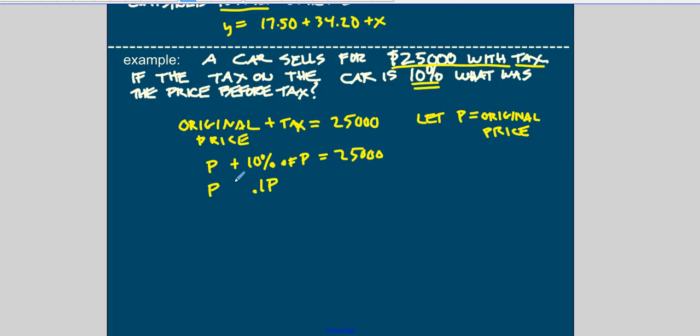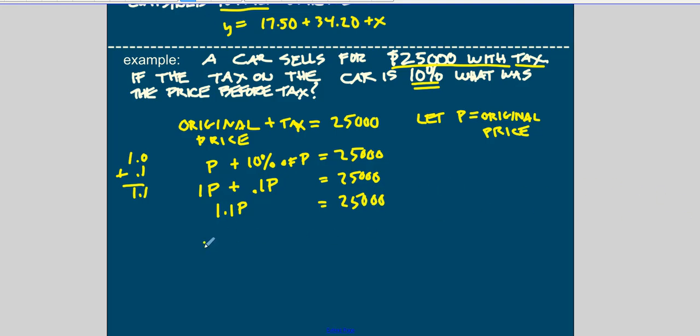This is p plus 0.1p equals $25,000. Remember that there's a coefficient of 1 in front of p there, so that's going to be 1p plus 0.1p. So 1 plus 0.1 is 1.1. So 1.1p is going to equal $25,000. That's our equation.